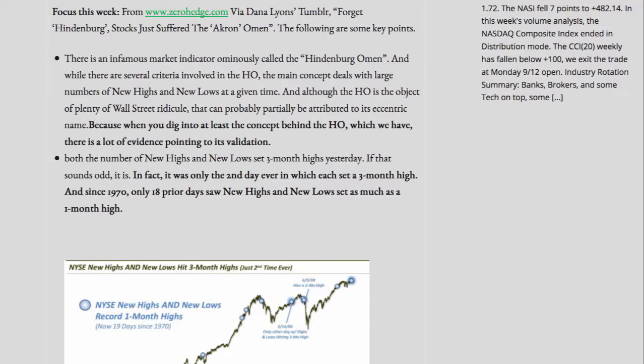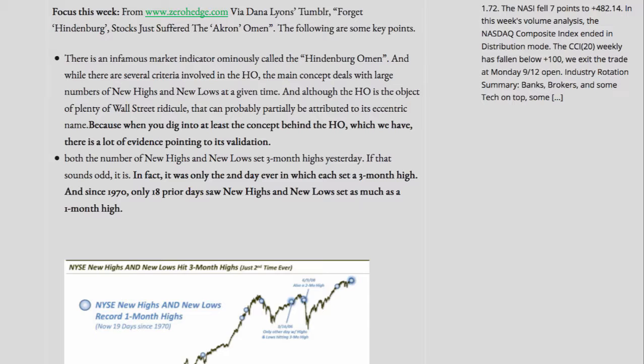And although the HO is the object of plenty of Wall Street ridicule, that can probably partially be attributed to its eccentric name. Because when you dig into at least the concept behind the HO, which we have, there is a lot of evidence pointing to its validation.